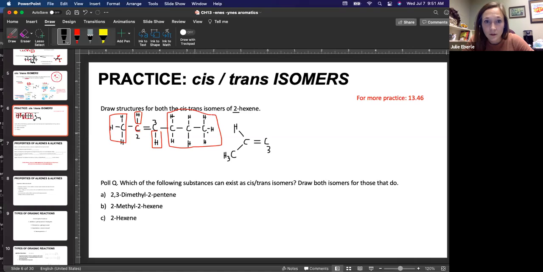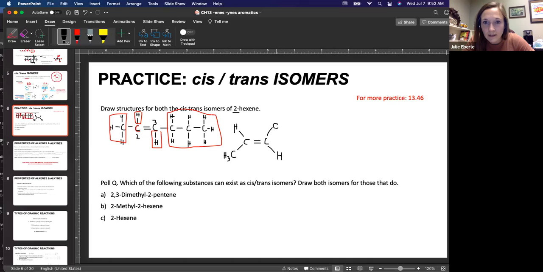Is it propyl group? Good job, Abby. It's a propyl group. So off of carbon 3, I'm going to erase this little, there we go. Hydrogen. It doesn't matter if I do it up or down, but I'm going to draw the propyl group.